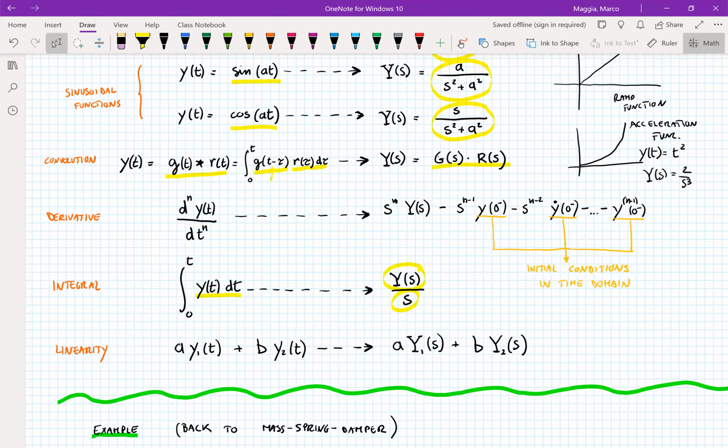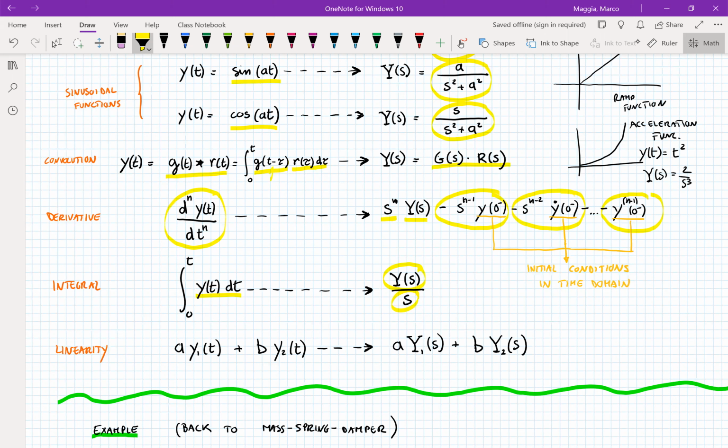And well, I skipped this, but this is very important. It's the derivative. So the nth derivative of y of t is given by s to the power of n times y of s. And then we have to subtract all terms containing the initial conditions.